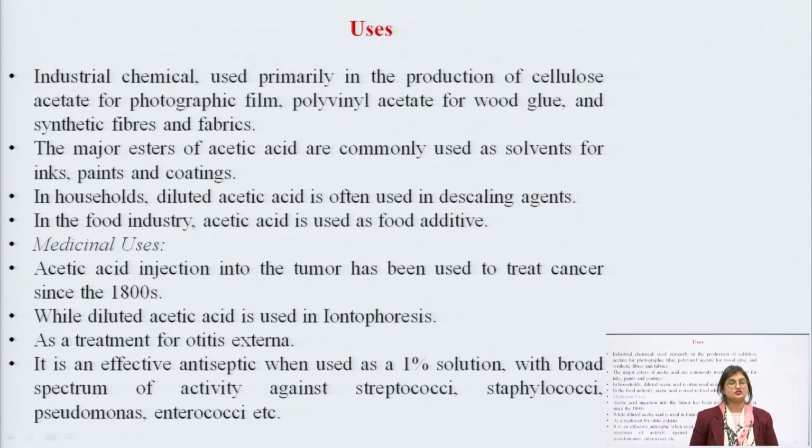We should also not forget its beneficial effect as an antiseptic, because this compound is active against a huge spectrum of bacteria, from gram positive to gram negative, namely streptococci, staphylococci, pseudomonas, enterococci, etc.